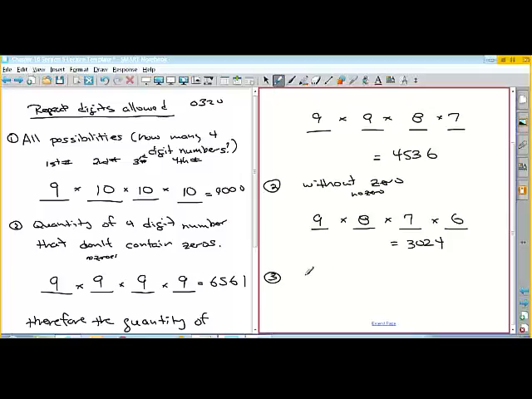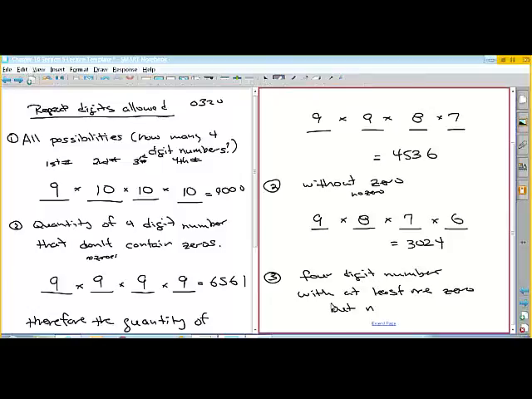3,024. And so the final step is 4-digit numbers with at least 1 0 but no repeats.